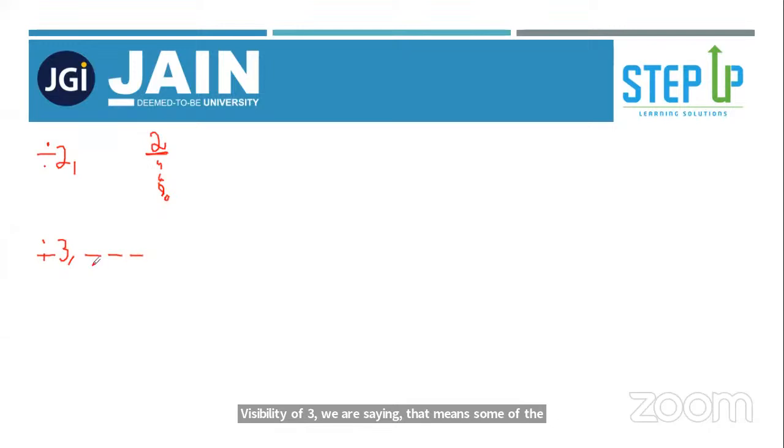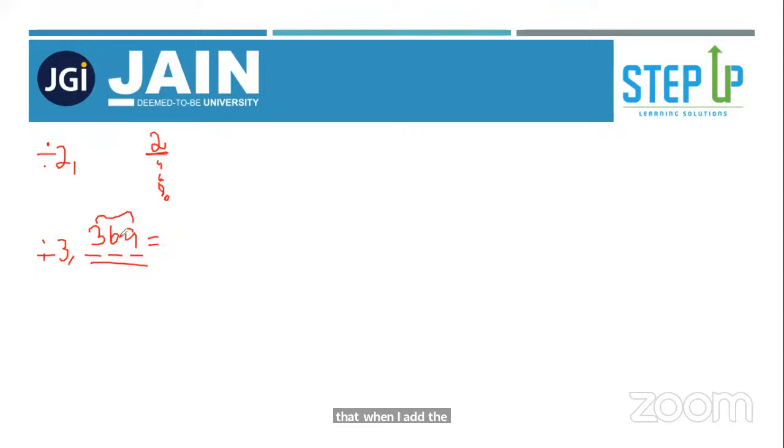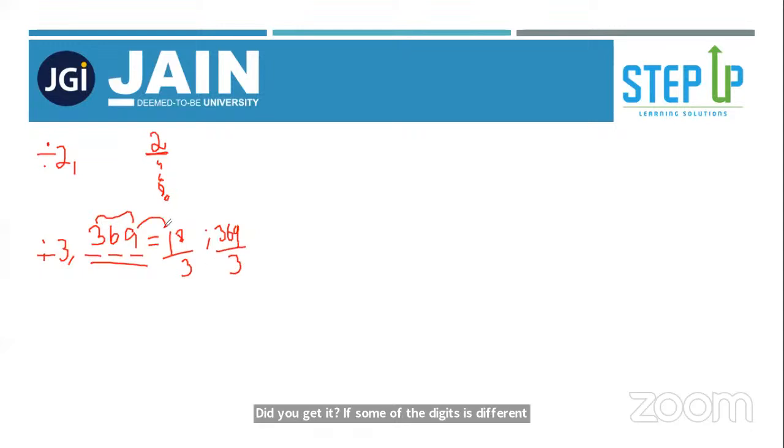For example, 369: when I add the digits, 3 plus 6 plus 9 is 18. If 18 is divisible by 3, then 369 is also divisible by 3.